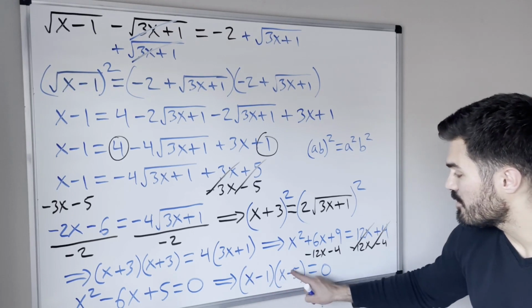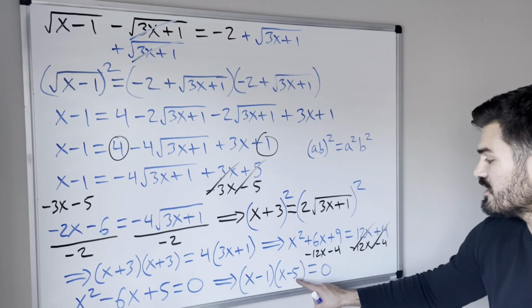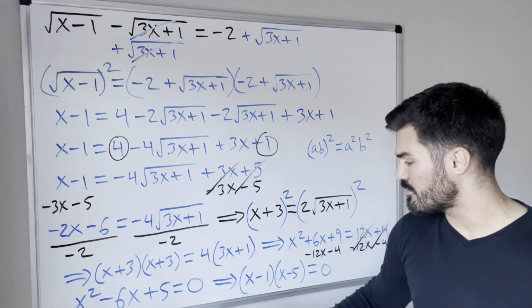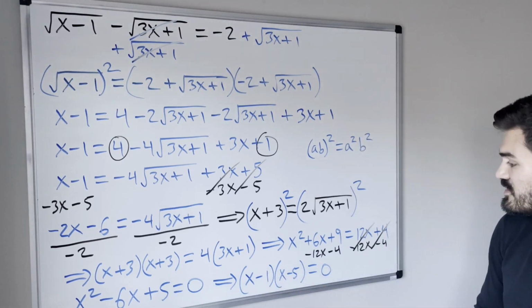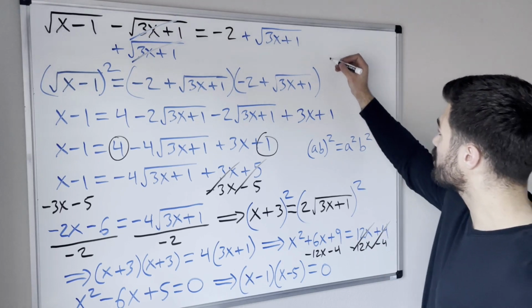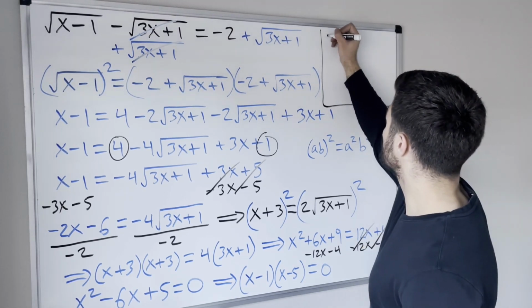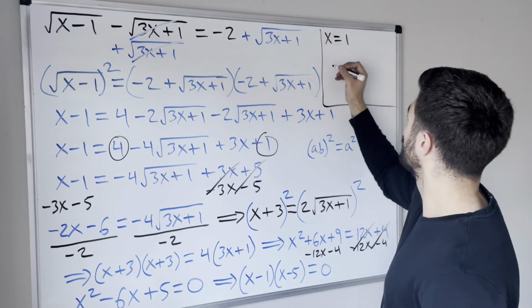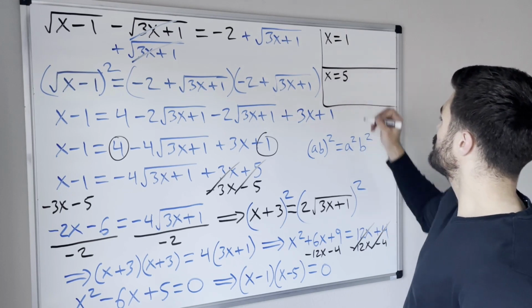We get x squared minus 5x minus x, that gives us that minus 6x, and then -1 times -5 gives us that plus 5. So this is definitely the correct way to factor this, and that gives us 2 potential solutions, which are, I'll write them up here. Potential solution, x equals 1, as well as x equals 5.